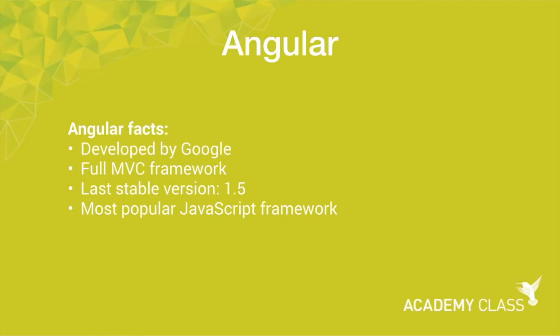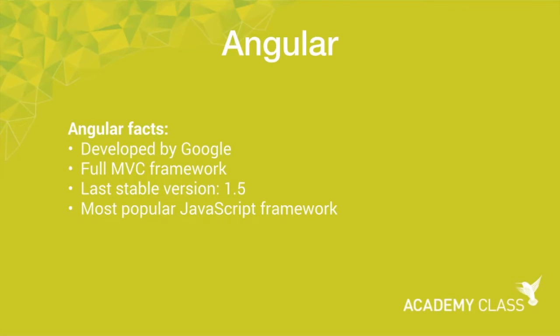First of all, it is developed by Google. It wasn't so in the beginning, but I think it was originally developed by one of Google's employees. But currently it's fully supported by Google, and it is not the best, but the most popular JavaScript framework at the moment. It is a full MVC framework.